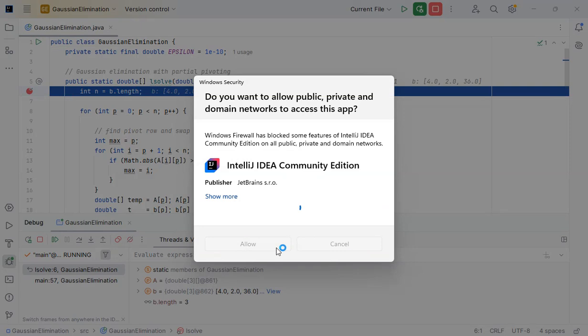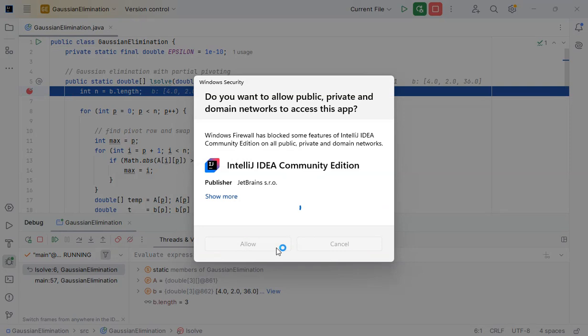And we have 0, 1, 1, 2, 4, minus 2, 0, 3, 15. And here is exactly the same, 0, 1, 1, 2, 4, minus 2, 0, 3, 15. And the right part is 4, 2, and 36. So this is the initial data.